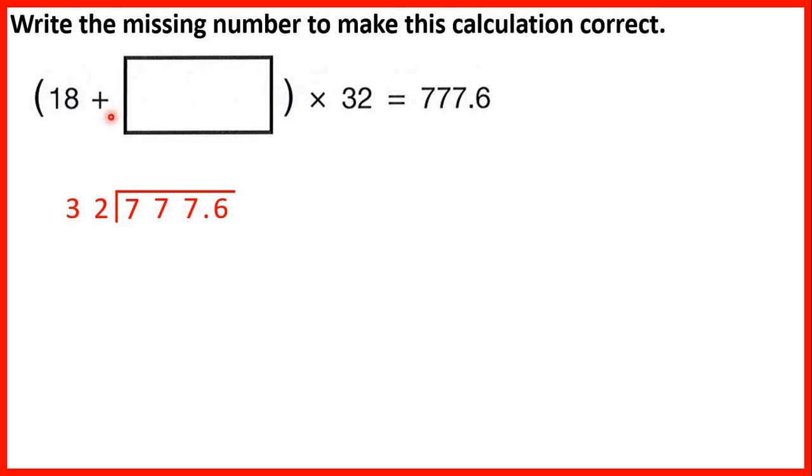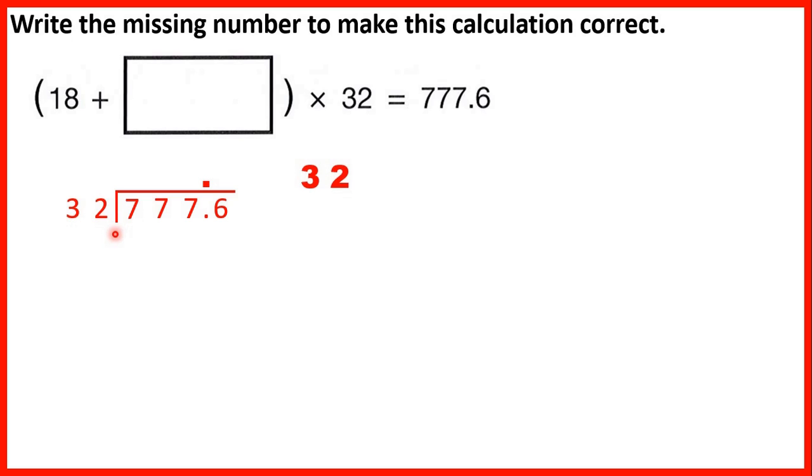So we can find the total of what's in the brackets by dividing 777.6 by 32. We can use long division, but we need to remember that if there's a decimal in our dividend, we copy up the decimal point into our answer.